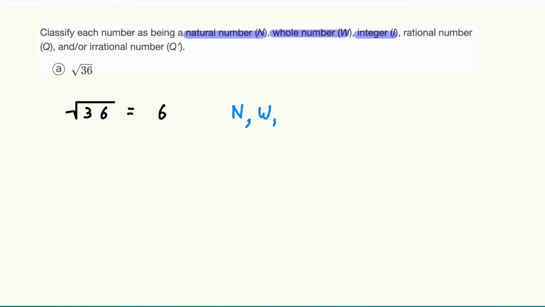All of the whole numbers are integers, so it's also I. And then lastly, since we can write 6 as 6 over 1, it is also a rational number, Q. So 6 falls into each of these classifications.